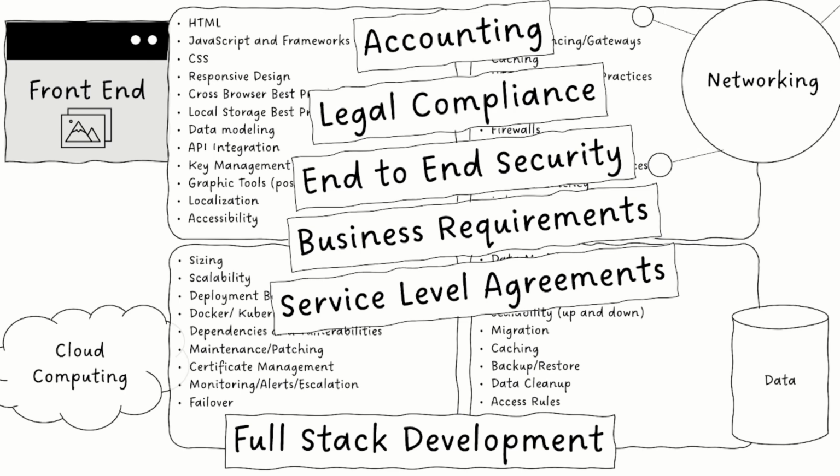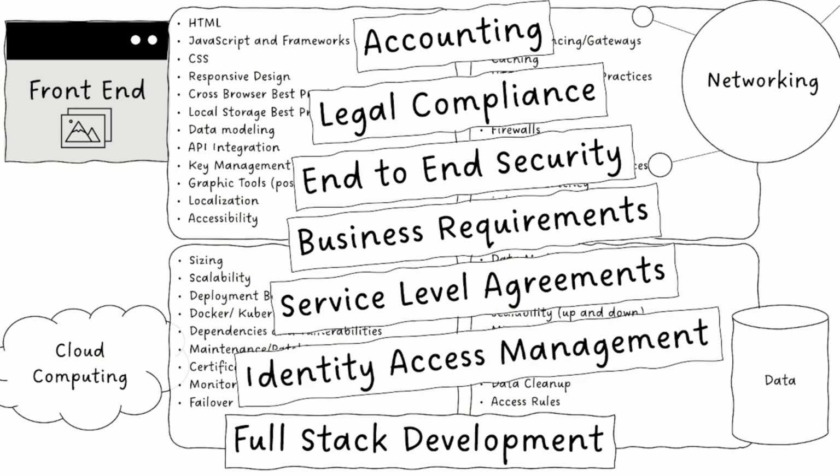You've got to set service level agreements so that people understand when you're going to be up and when you're going to be down. And then, of course, you need identity to tie it all together. And these are all different kinds of business and technical requirements that you need in order to be successful with a web application that's going to survive in the real world.